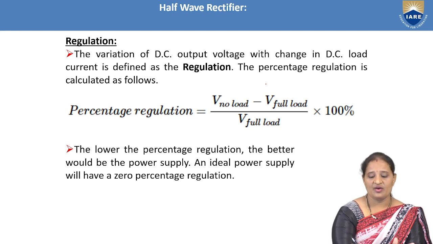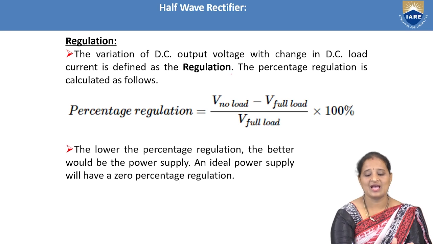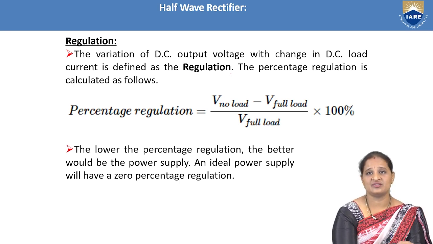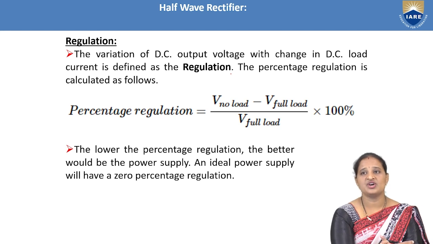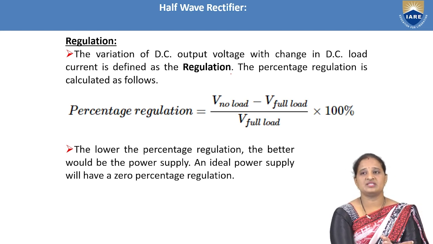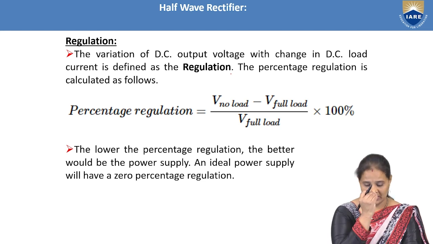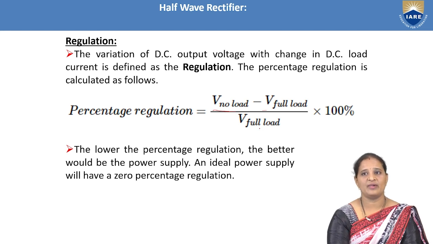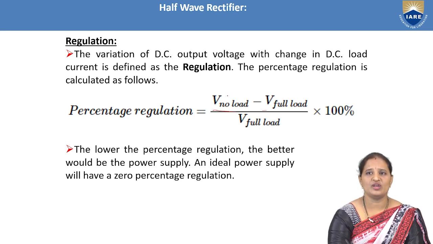That is why we define the regulation as the variation of DC output voltage with the change in DC load current or DC load resistance. And the regulation is always calculated in terms of percentage. So the percentage regulation formula is given by V no load minus V full load divided by V full load. What do you mean by V no load?